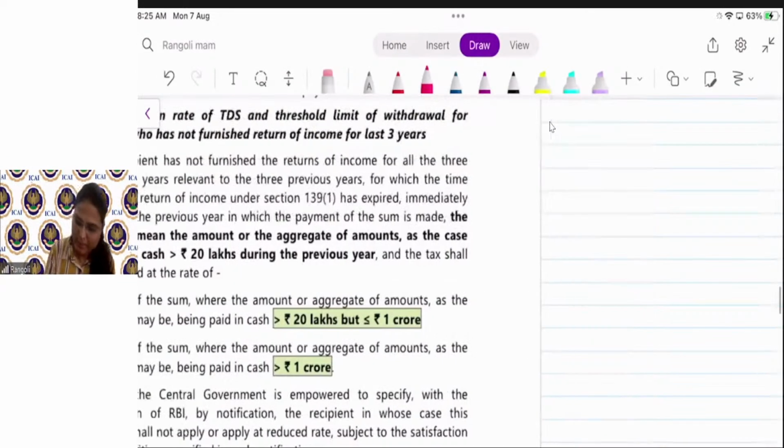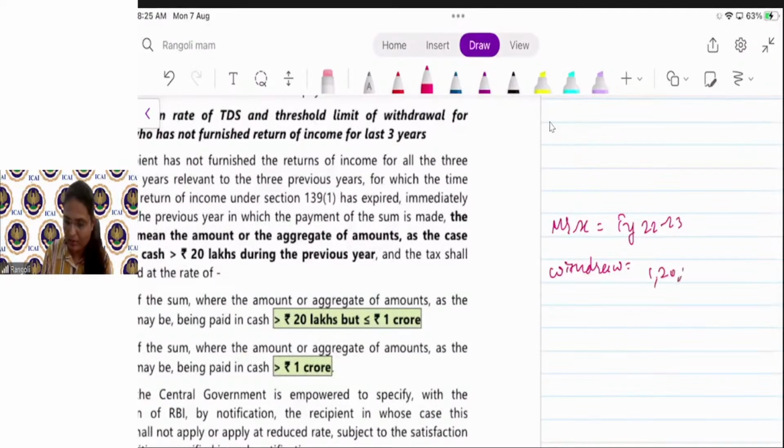So say for example, Mr. X in financial year 22-23 withdraws 1 crore 20 lakh.